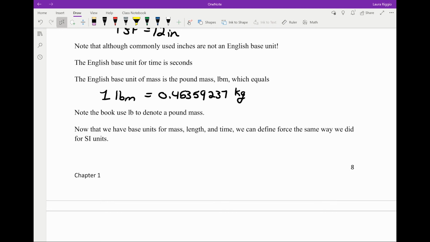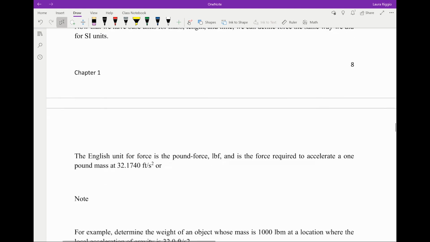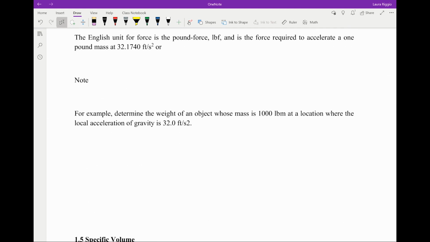Now that we have the base units of mass, length, and time, we can define force the same way we did for SI units. In English units, the unit for force is the pound force, or lbf, and it's the force required to accelerate 1 pound mass at 32.174 feet per second squared, which is standard Earth gravity.